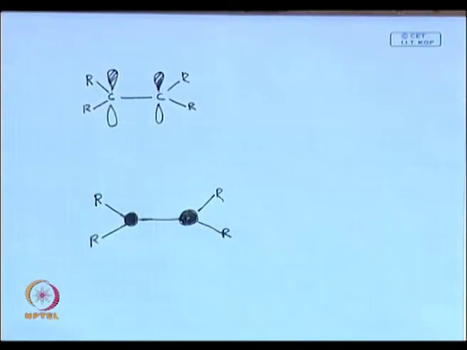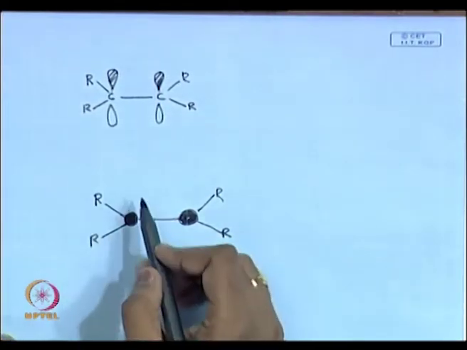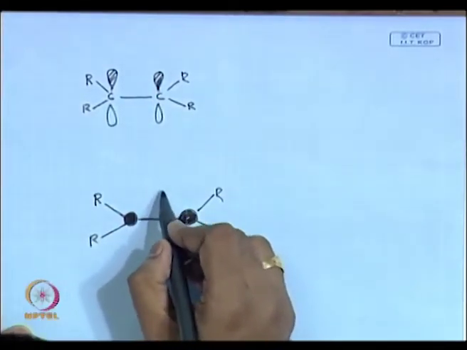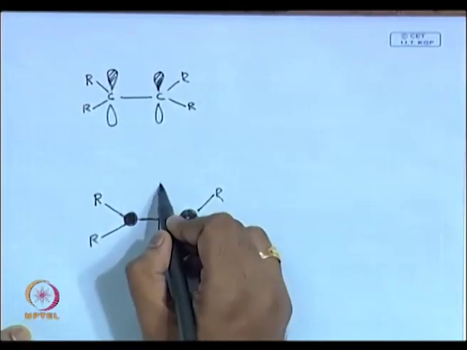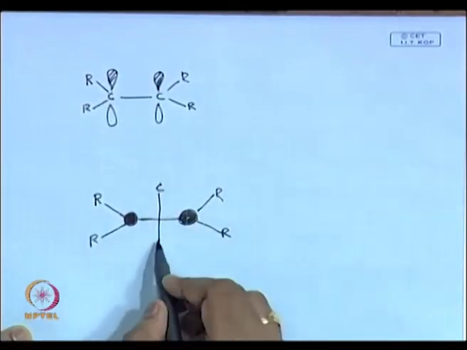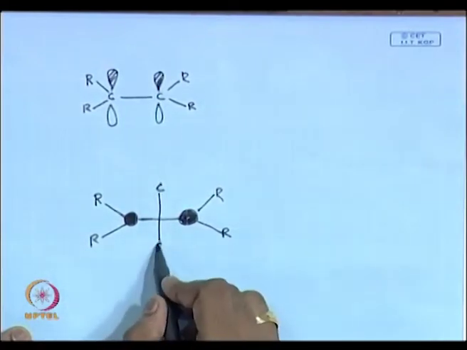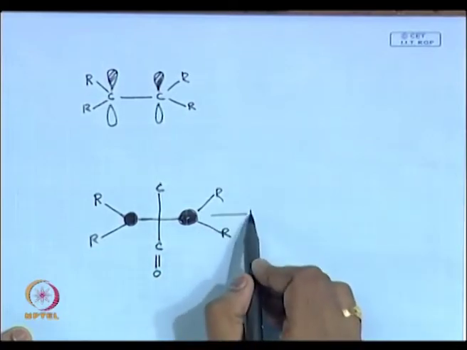Now, what happens is that now your ketene comes, okay, and sits. The ketene which we are talking about has a carbon, okay. You are talking about the LUMO of the system, okay. I have my carbonyl. So, this will be the HOMO I am talking about.